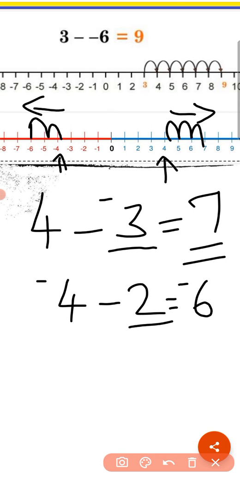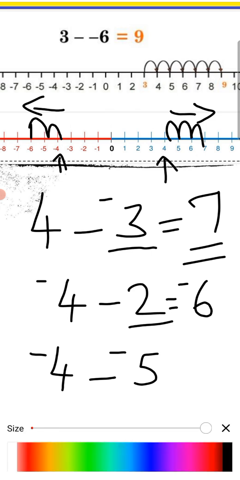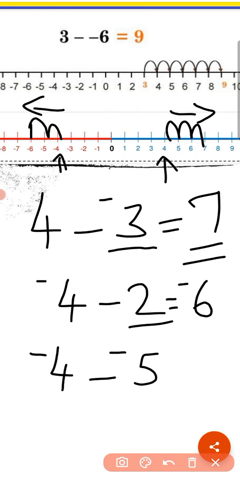Next is negative 4 minus negative 5. As I told you, first locate the first number, that is negative 4. From negative 4, you should move 5 steps to the right side. Why are we moving to the right side?